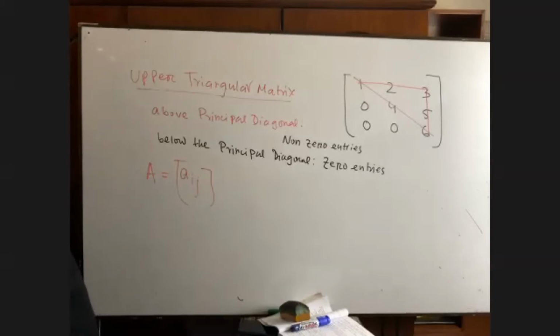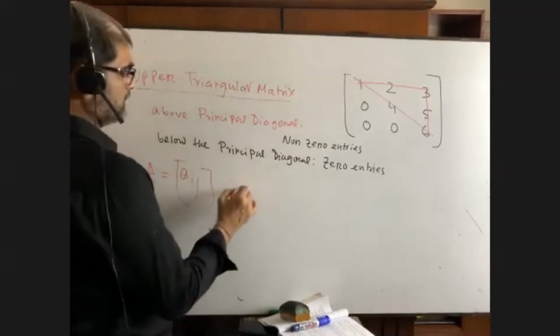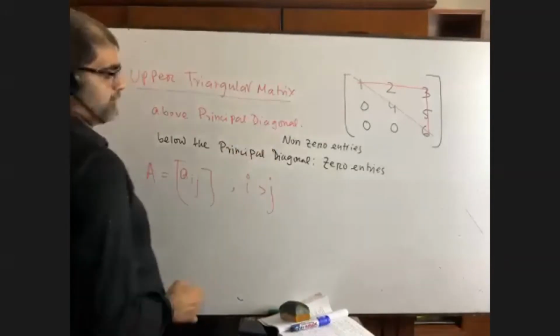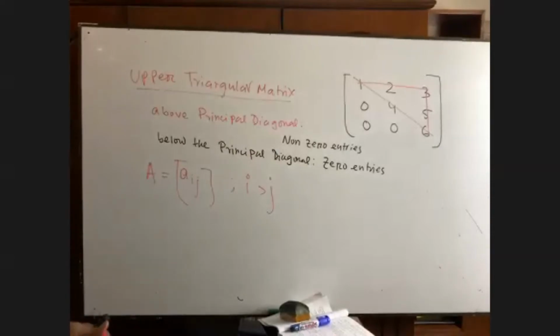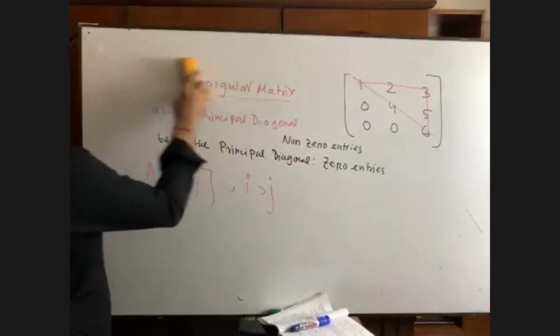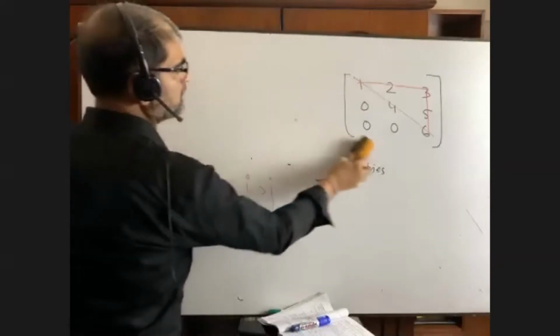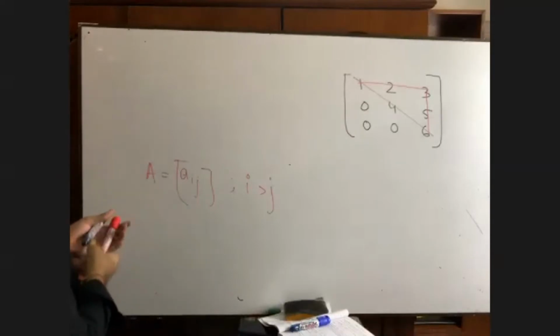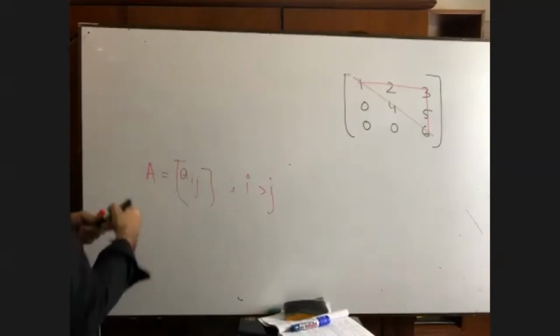But the condition is i greater than j. What is meant by this? Can you please tell me what is meant by this i greater than j? If you can tell me, then you are the boss. Okay, perhaps you cannot. Okay, let's see here.